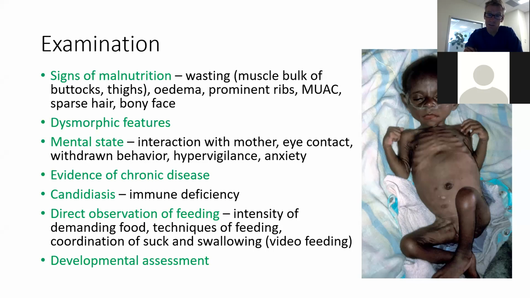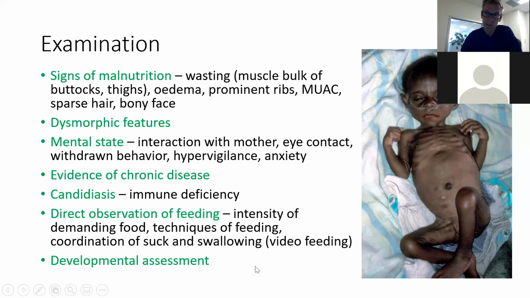Sometimes it's useful to even video the child feeding, just to see if they seem to have normal mechanisms for eating. It's also partly that you're observing the interaction between the parent and the child while they're feeding, and then do a developmental assessment.